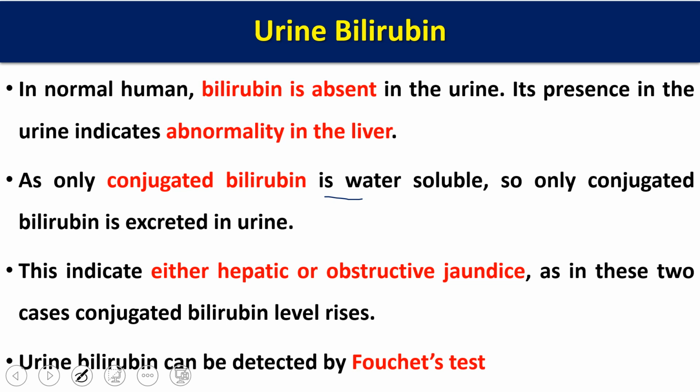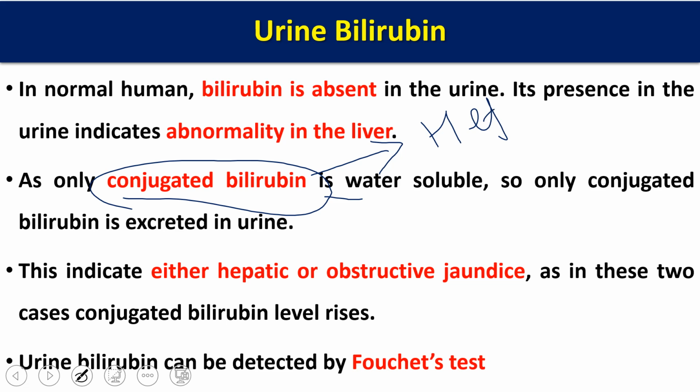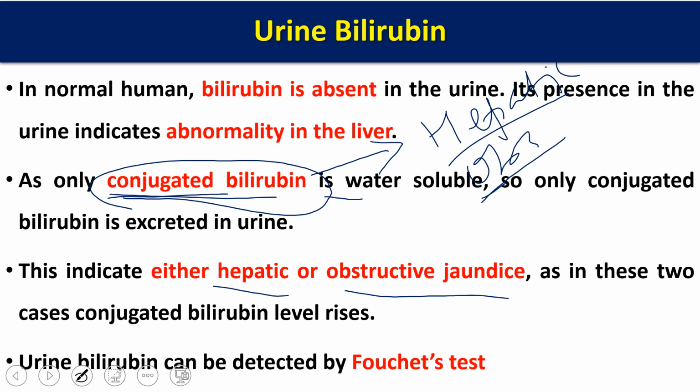And conjugated bilirubin in urine happens either in hepatic jaundice, where both bilirubins rise, or in obstructive jaundice, where only conjugated bilirubin rises. So if conjugated bilirubin can be found in the urine, it means they are having either hepatic or obstructive jaundice. Urine bilirubin can be detected by the Fouchet test.